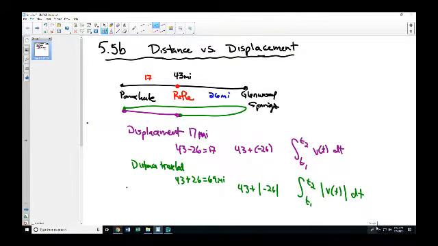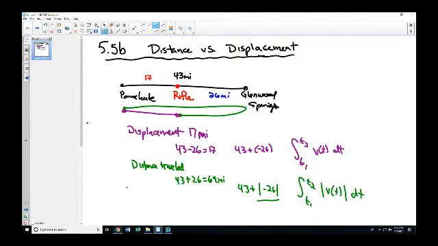So any negatives turn to positives. So we're now adding all of our distances up. That's it. Now, we just have to deal with the negatives if they come up, whether graphical or in a function.